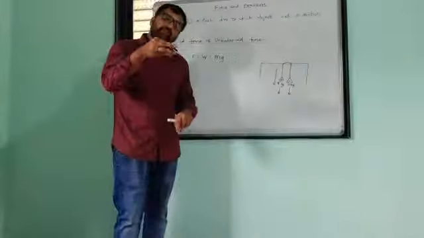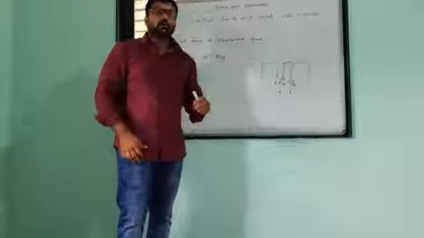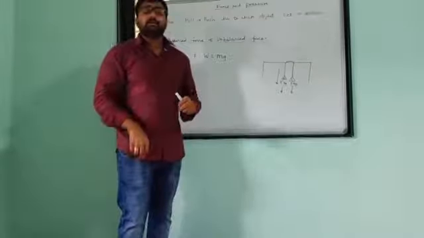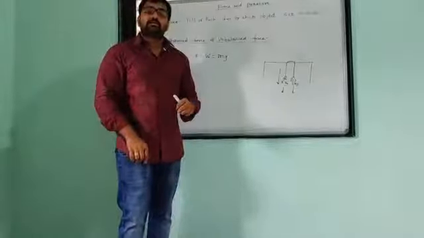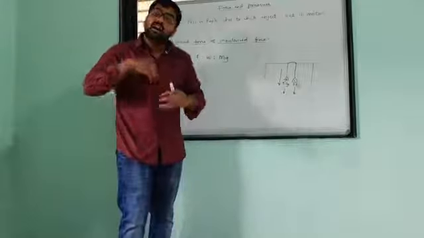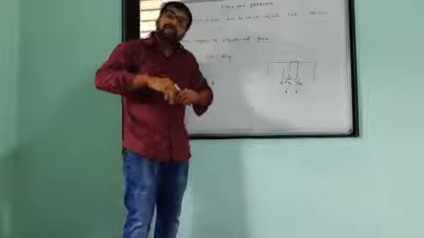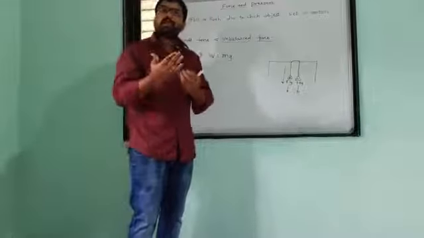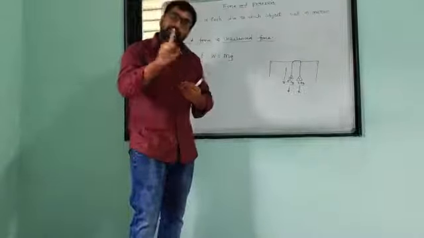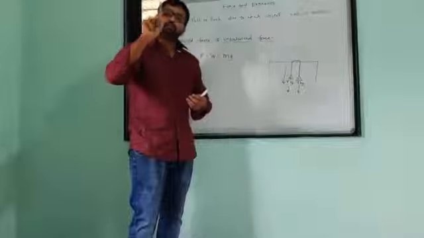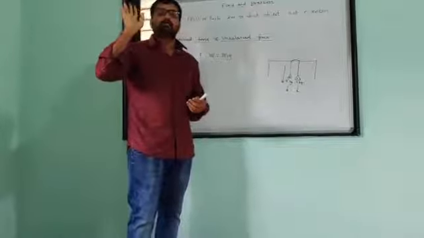So if an object is in motion, then we have to stop it. At that time we have to apply some external force that will be unbalanced. Unbalanced means somewhat extra force than the object applies on us. Then and only then is it possible to stop the motion of that object.